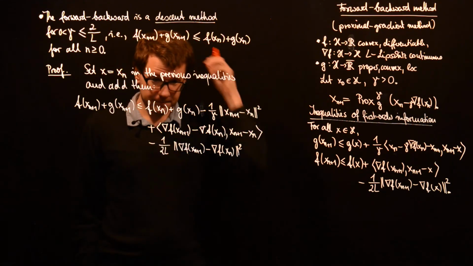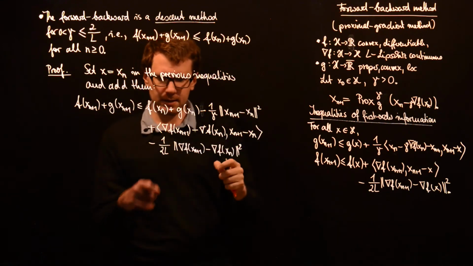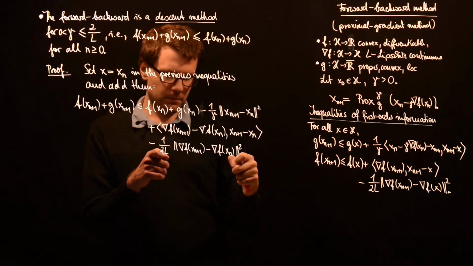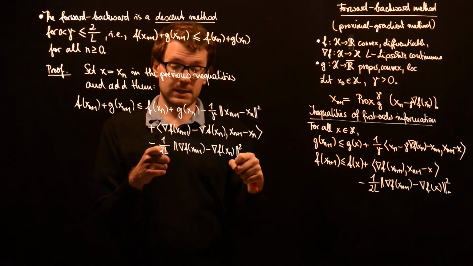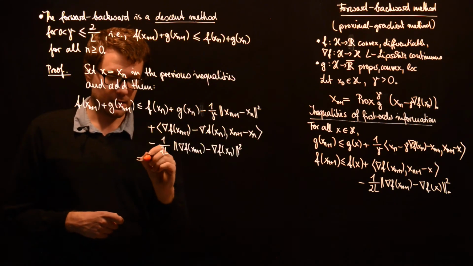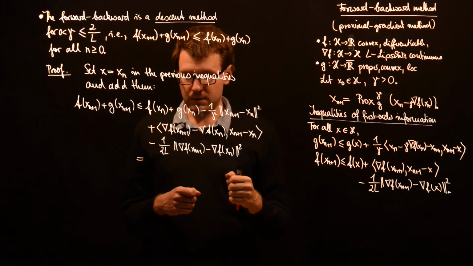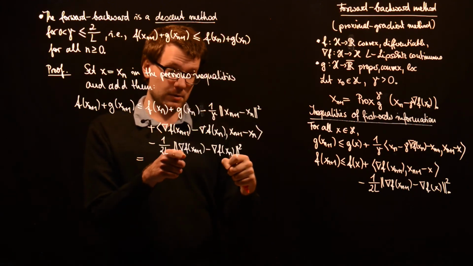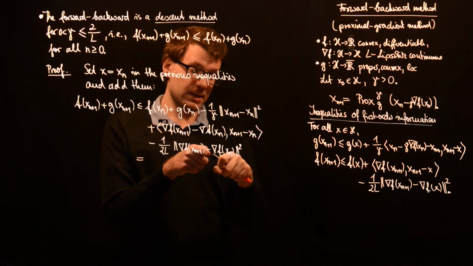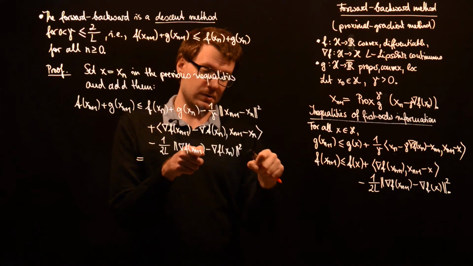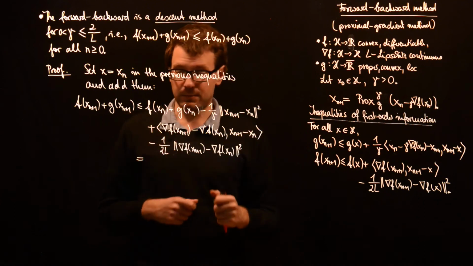All right, and now we see that we have basically some kind of quadratic expression, and as you know from binomial formulas, we can expand this to a larger quadratic expression, so that the mixed term between the expressions will be this inner product.